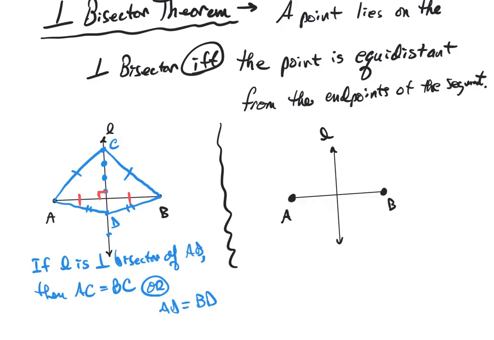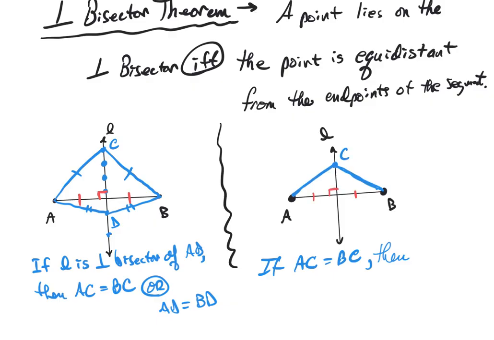This time instead, I'm going to start with a point somewhere on the line, let's call it C. And if the distance from A to C and the distance from B to C are equal, then what we know is that L is a perpendicular bisector of AB.